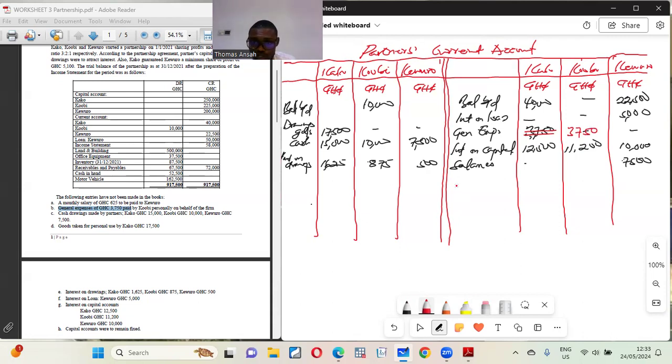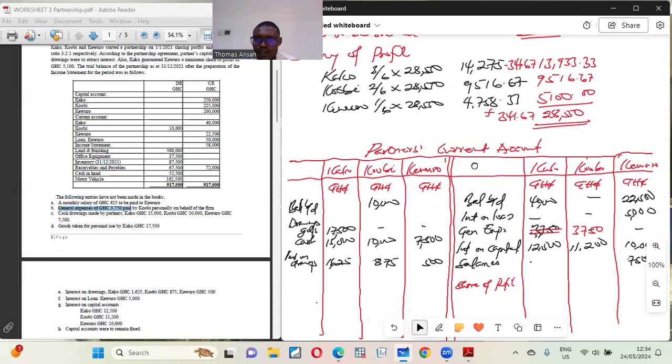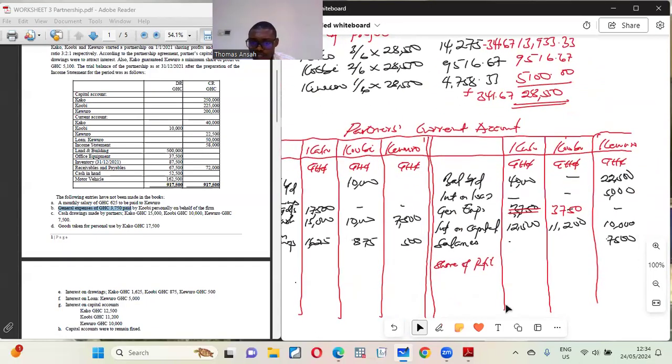Then what else? Share of profit, right? When we share the profit, what were the figures? So share of profit, this one is 13,933.33. Then this one is 9,516.67.